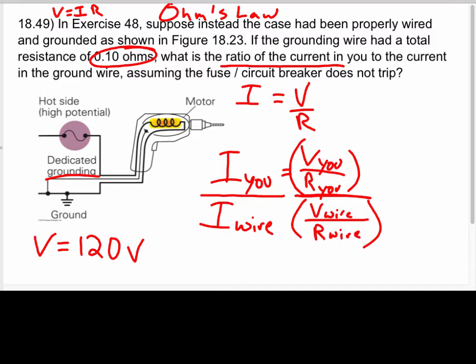In problem number 48, they said that the resistance in you is about 300 ohms. And then the resistance in the dedicated wire, this right here, is 0.10 ohms.